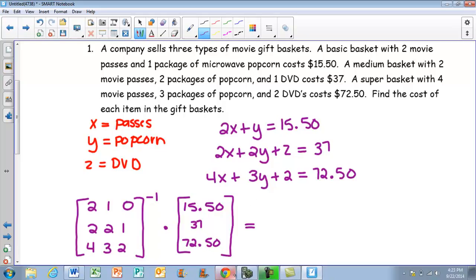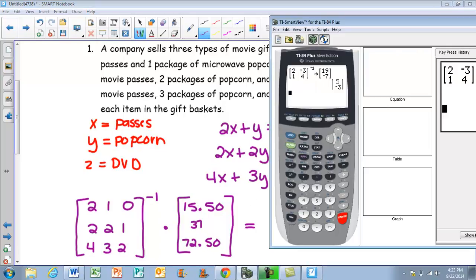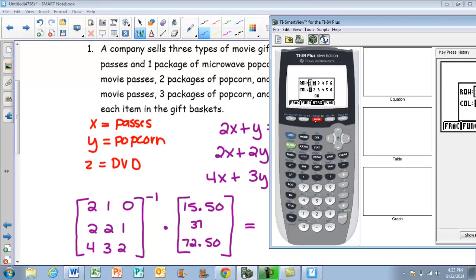So I'm going to go ahead and pull up my calculator and put this in here. So again, I'm going to clear this out. I'm going to go through either screen again. So I'm going to go with the alpha y equals screen. And I have a 3 by 3.